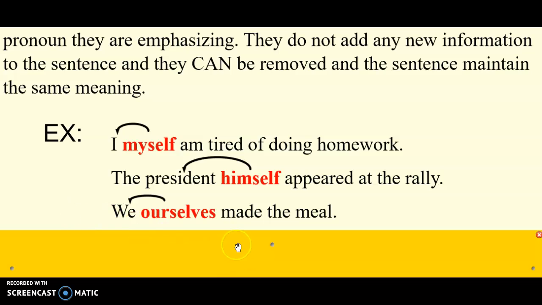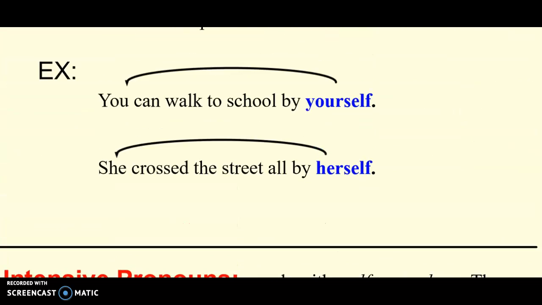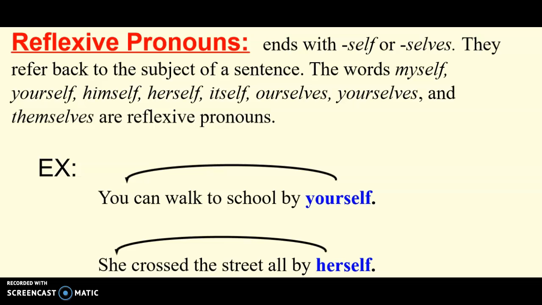All right, we're going to do some practice with this, all right? I'm going to go back up here again to the top just to review these two things with you, right? Again, reflexive pronouns and intensive pronouns all end with self or selves, okay? They're the exact same words. You have to decide, based on how it's used in the sentence, if it's reflexive or intensive, right?